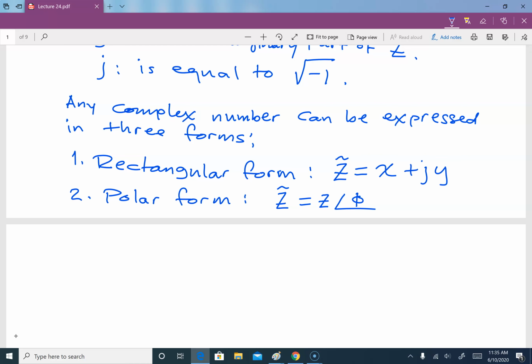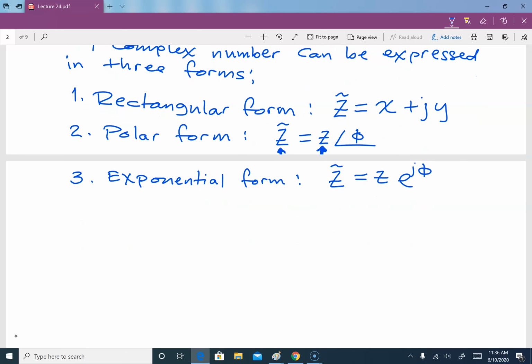So that's why we are saying that you need to distinguish between z with the tilde at the top of it, and the z over here. This z is just a magnitude, a constant value, just a real number, while this one is a complex number. And the third form is exponential form, where phasor z is equal to the magnitude z times exponential of j phi.